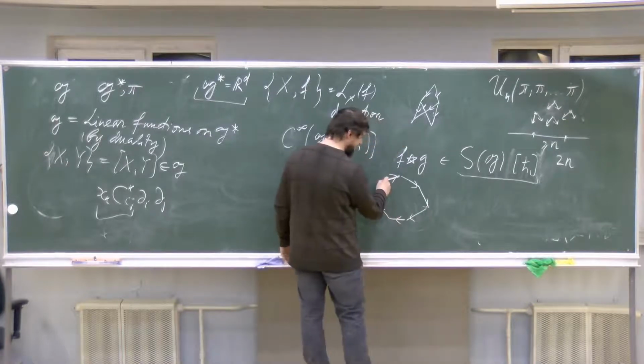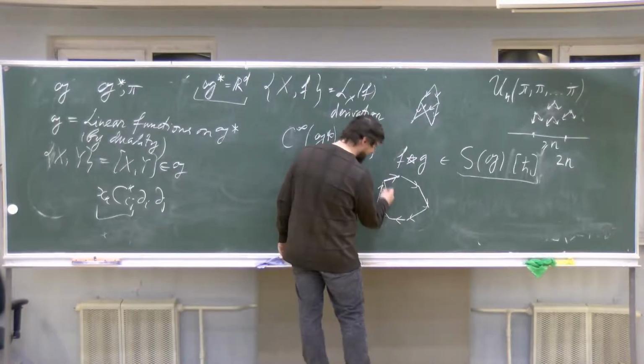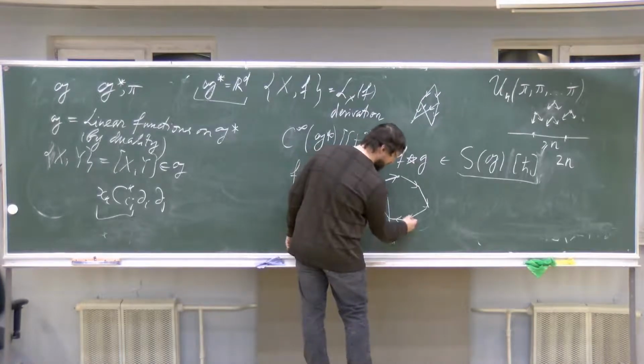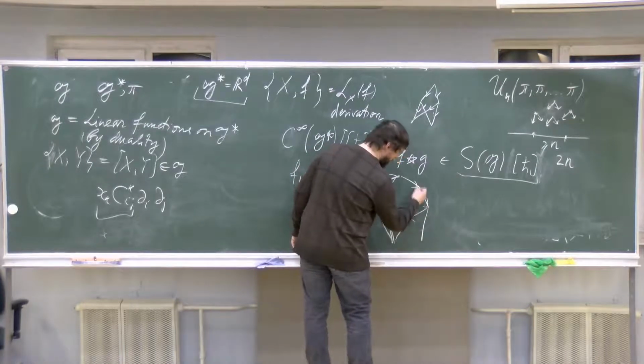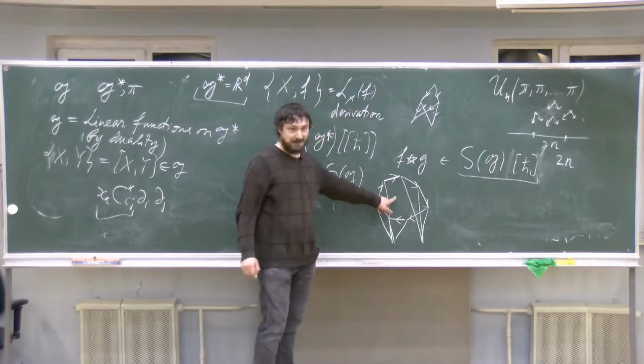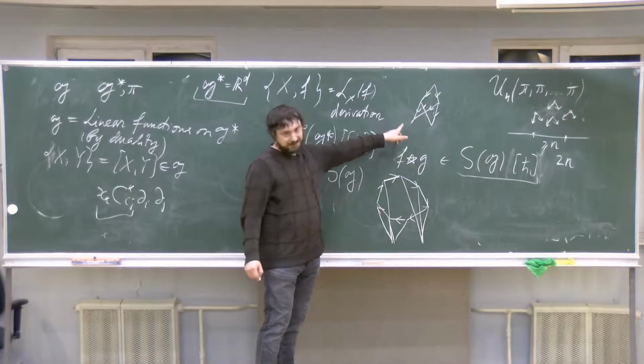And all the other arrows which exit these vertices will go to the points of the second type. So you have wheels and you'll have this.